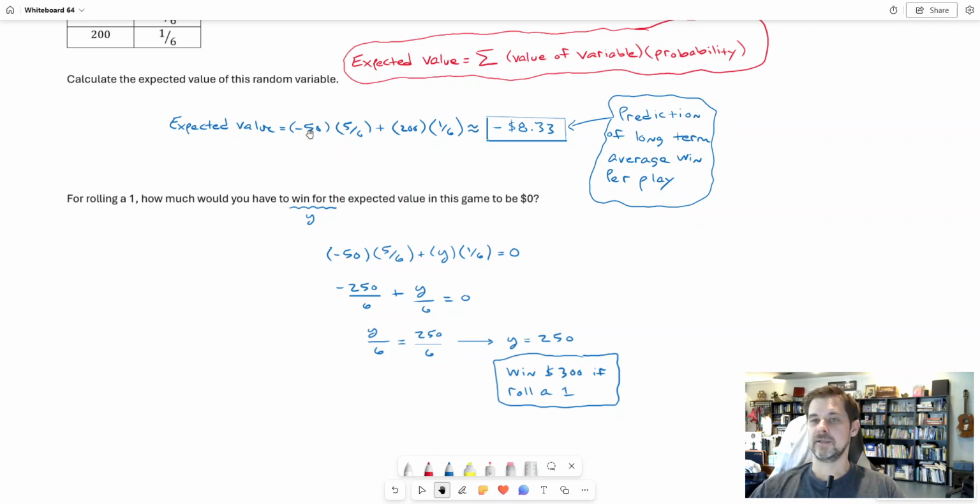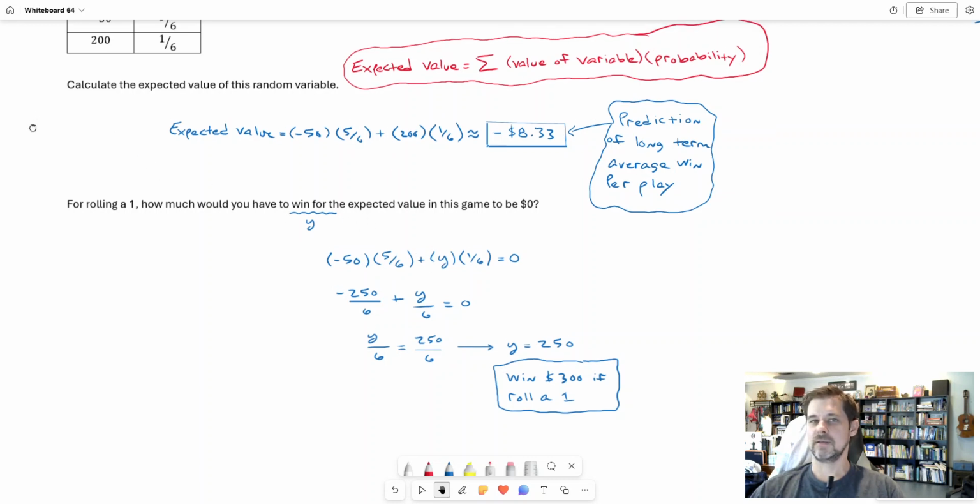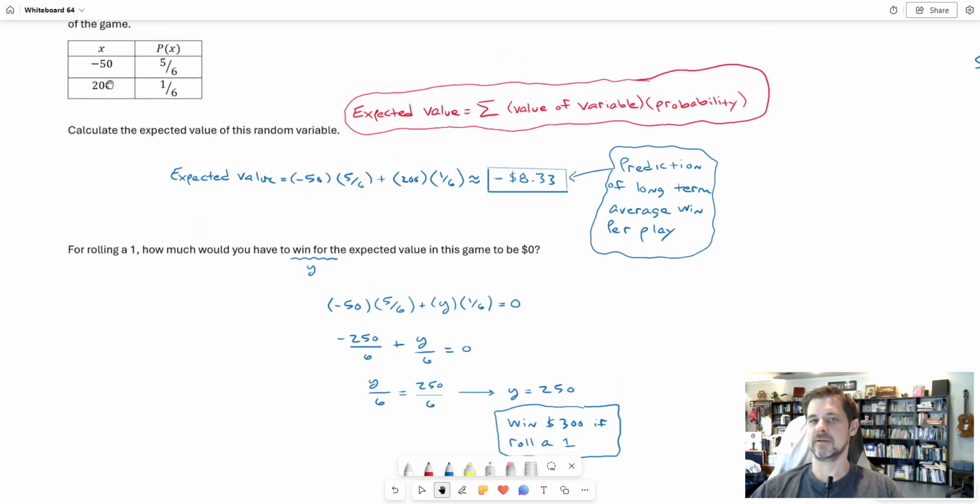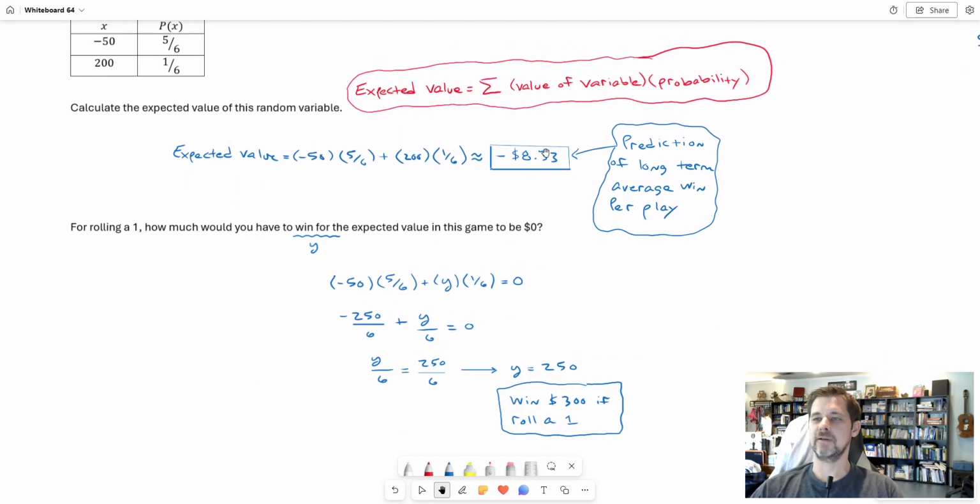So I got -50 for the loss with 5 out of 6 probability, plus, I'll let y be this number right here, what was 200 on my table. I'll solve for that number, times 1/6. So this is my win times 1/6.